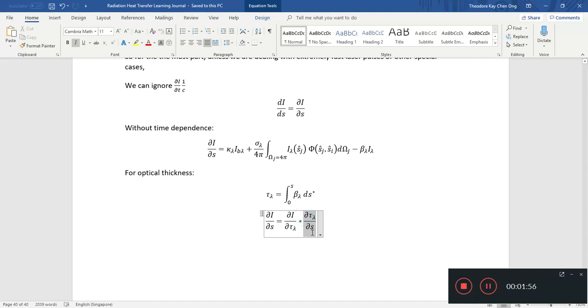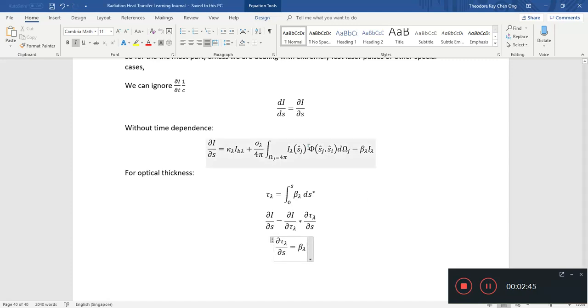We need to differentiate tau lambda with respect to S. Tau lambda is just the integral of beta lambda ds, over the interval from 0 to S. Since the integral is already so explicitly set for us here, differentiating will just give beta lambda.